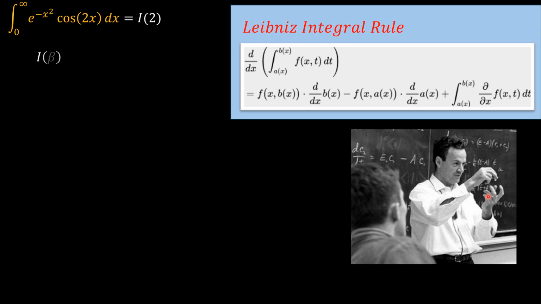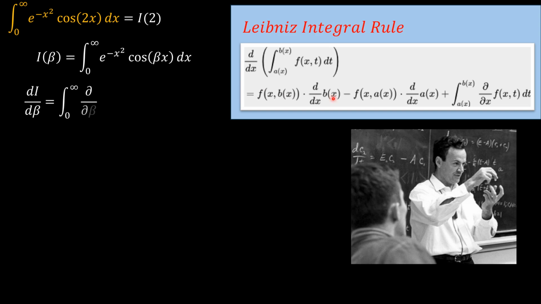So let's go back to our integral. If we say this integral is I of beta, the integral from x equals 0 to x tending to infinity of e to the power negative x squared cosine beta x, then we differentiate with respect to beta.